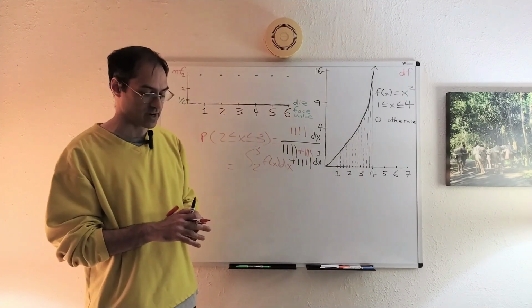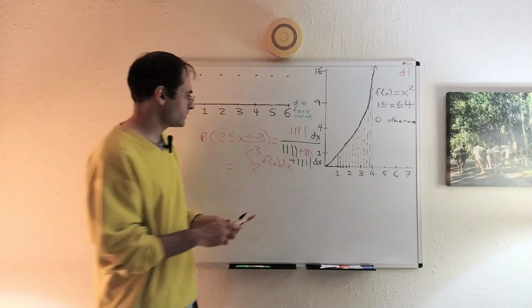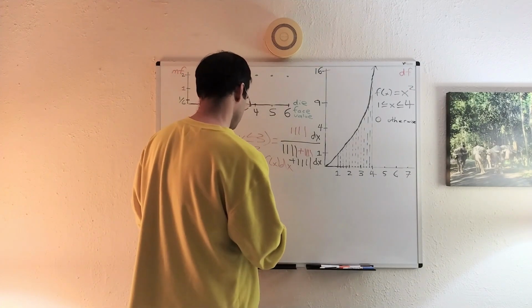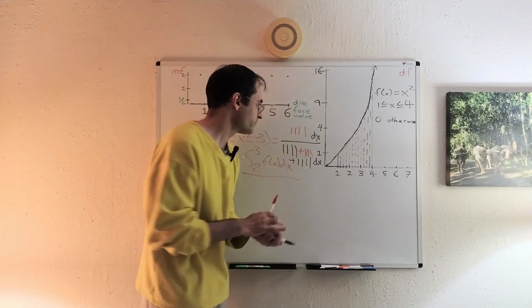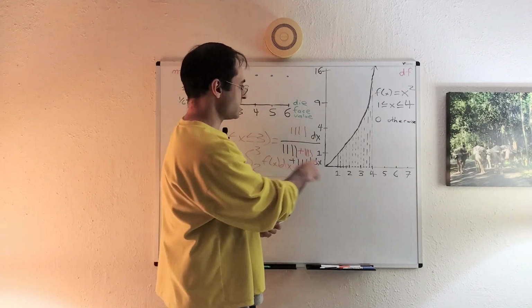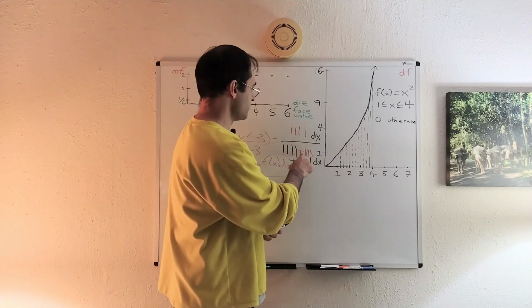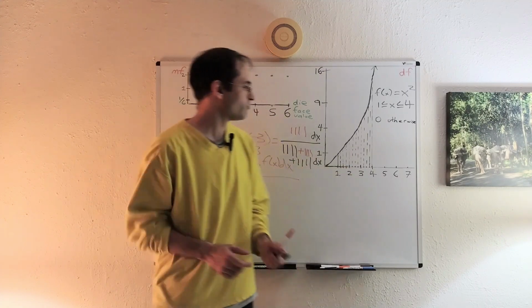So we can do the same thing on the bottom. On the bottom, we have these lines representing from 1 to 2, the red lines again from 2 to 3, and these lines from 3 to 4.